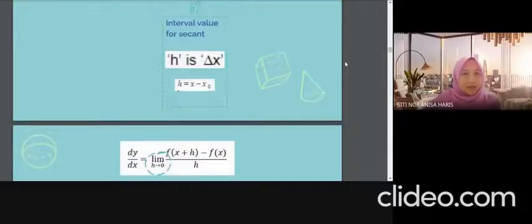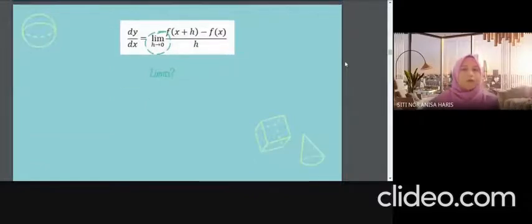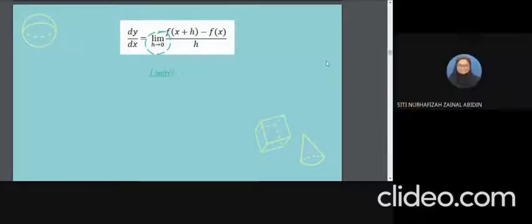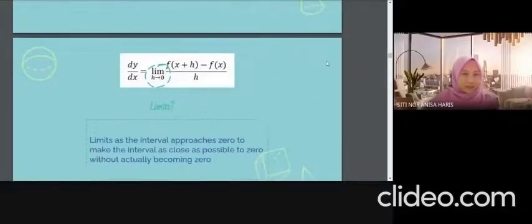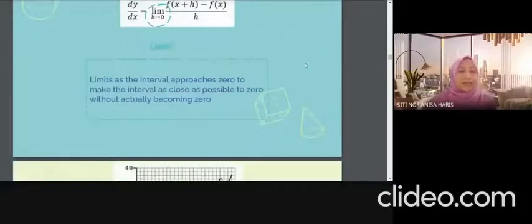Okay, then what about the limit? And why is h equal to 0? Anyone know about this? I'm not sure, teacher. It's okay, I will explain it for you. Basically, this symbol shows that we use the limit as the interval approaches 0, in order to make the interval as close as possible to 0, but without actually becoming 0.